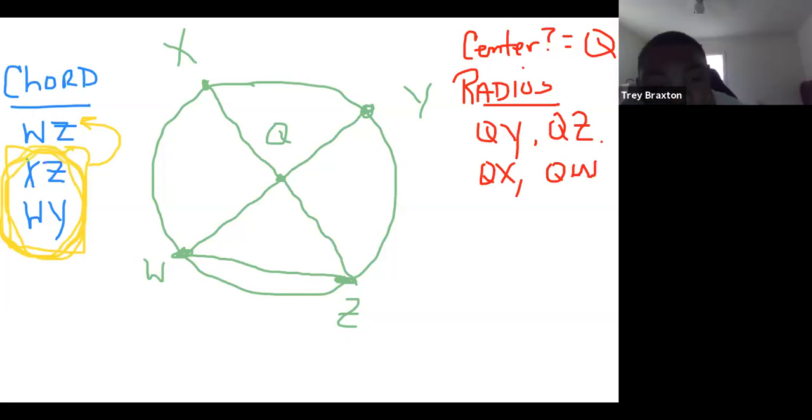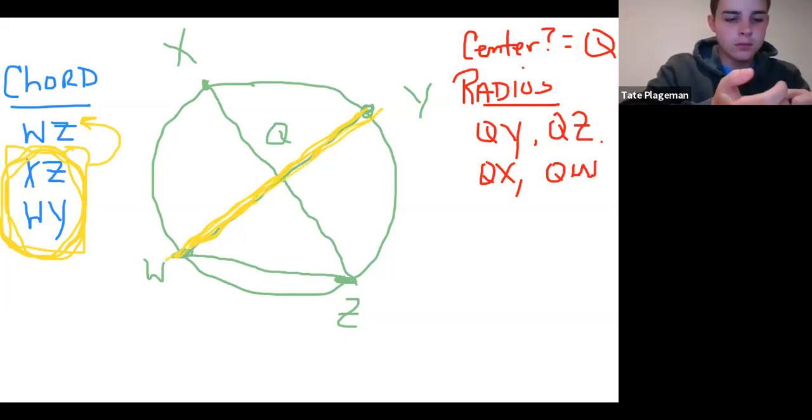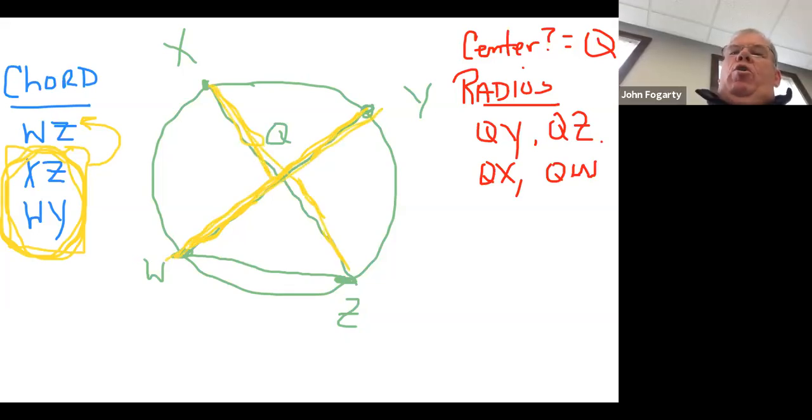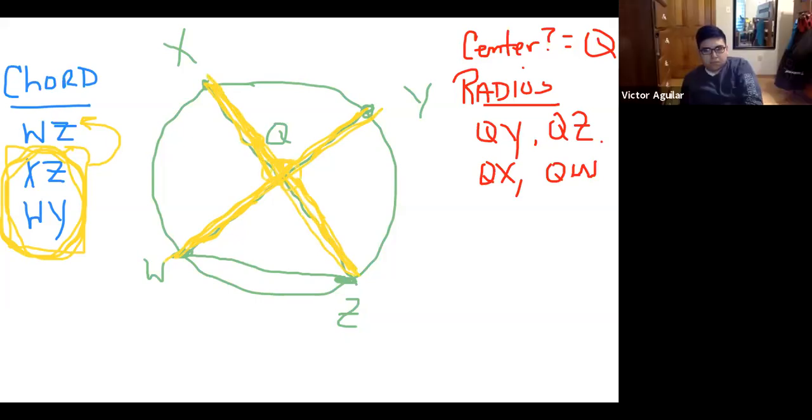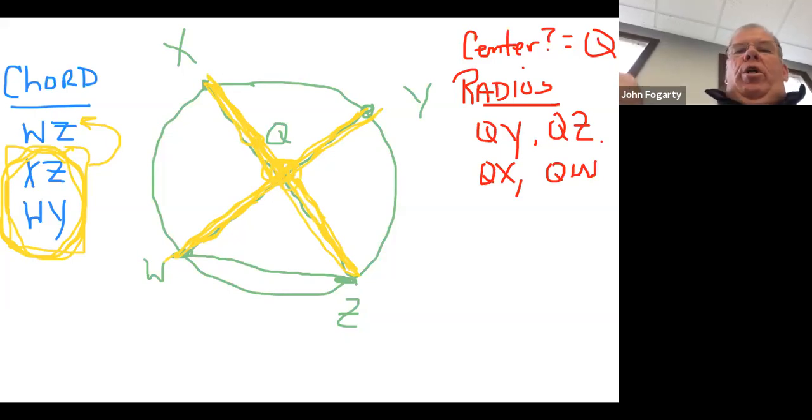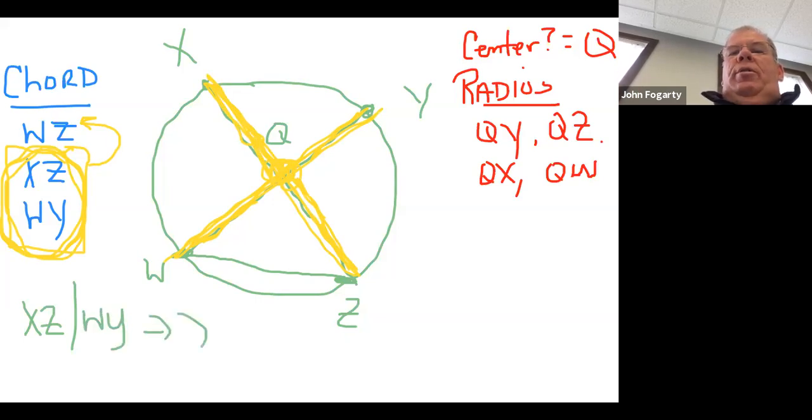They're diameters. Very good. They both go through the center. So if you have a chord that goes through the center, that is called a diameter. So here's what we know: XZ and WY are both diameters. All righty? Does that make sense, guys?